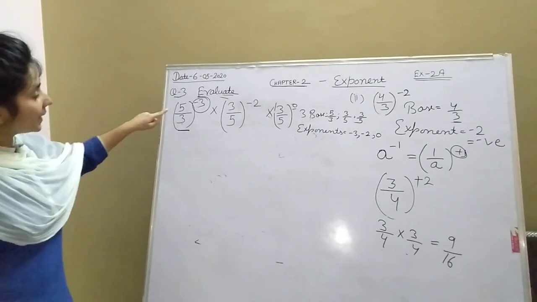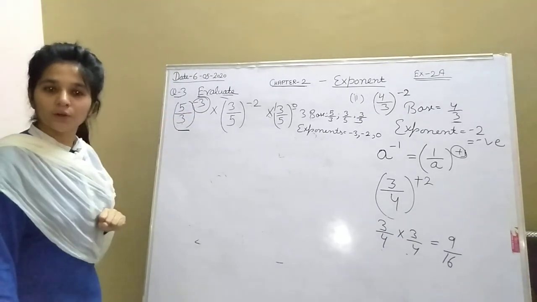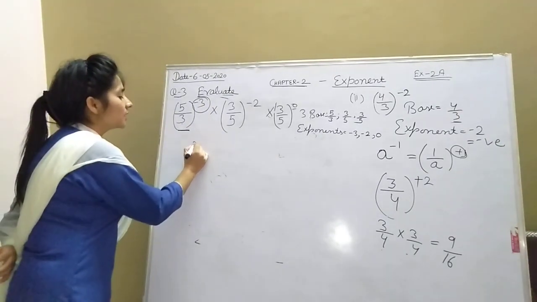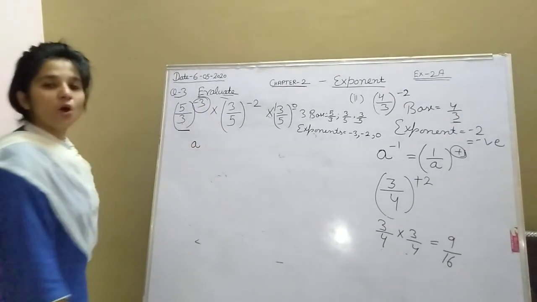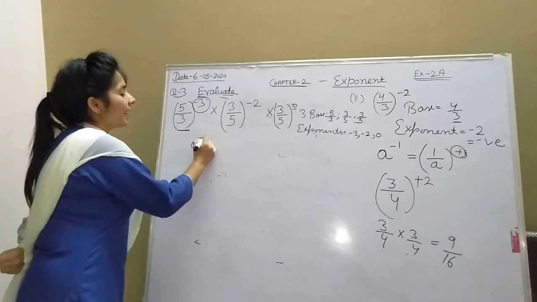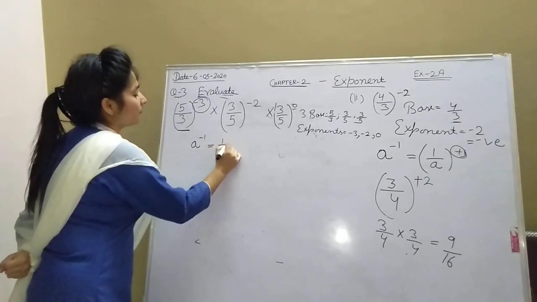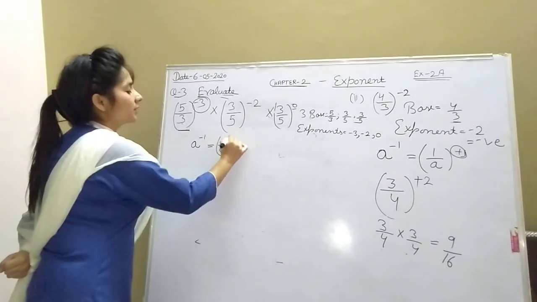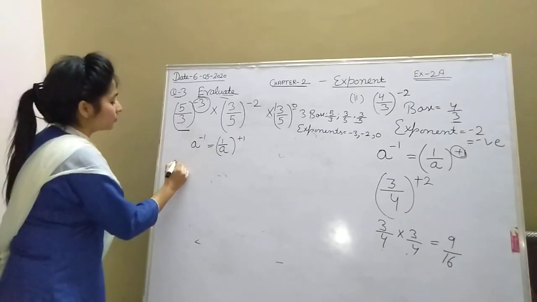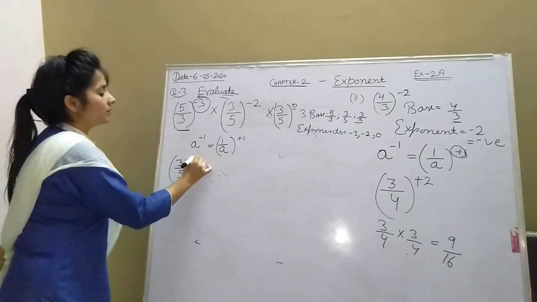According to the law of the exponent, a non-zero integer with negative exponent is equal to the reciprocal of the base with the positive exponent. It will be equal to 3 by 5 raised to power 3.